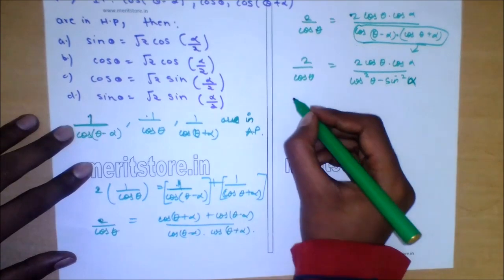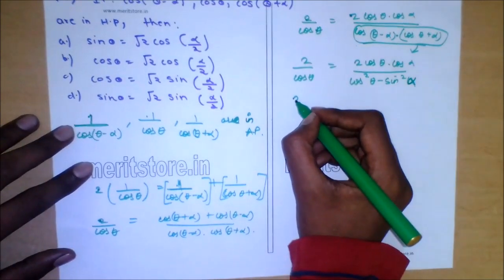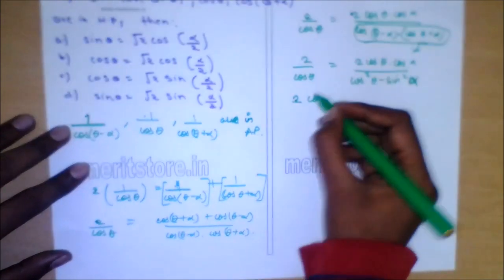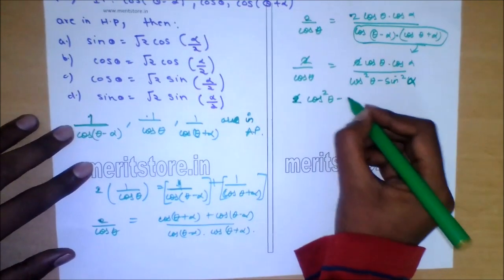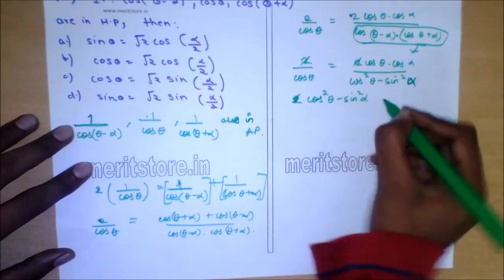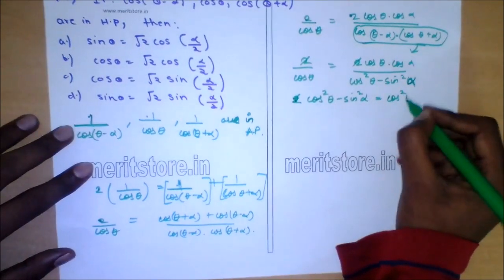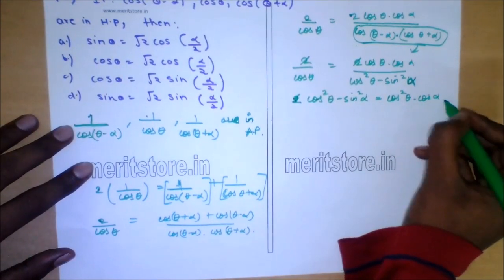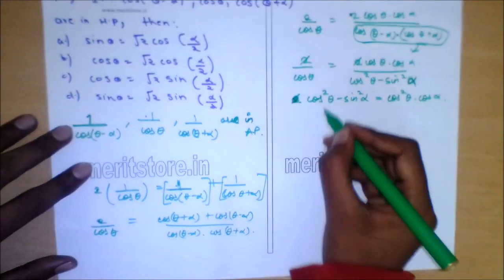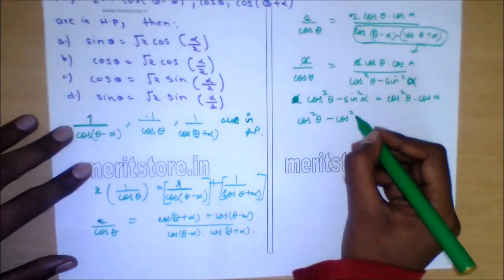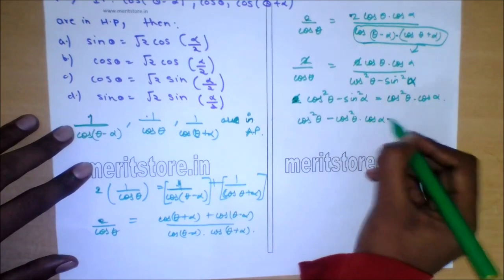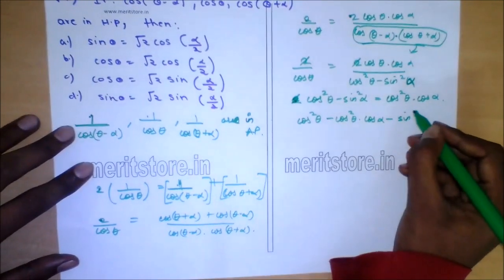Rearranging terms, we get 2 times 2 gets cancelled, so cos square theta minus sin square alpha equals cos square theta cos alpha, that is cos square theta minus cos square theta into cos alpha minus sin square alpha.